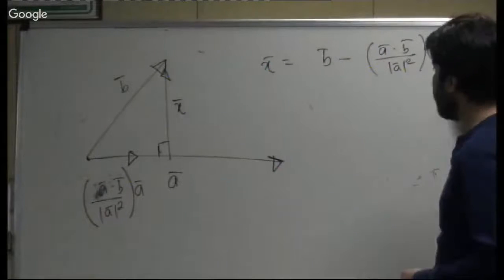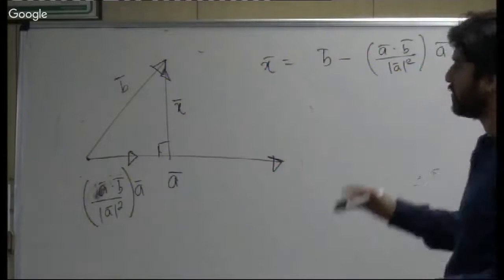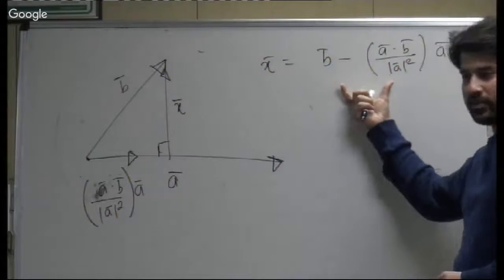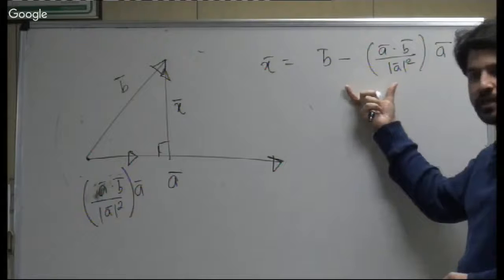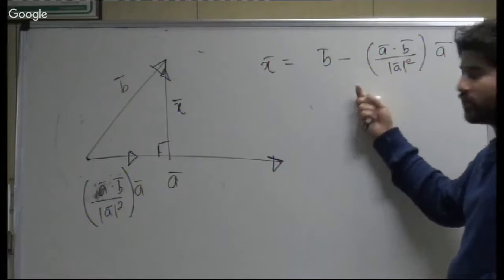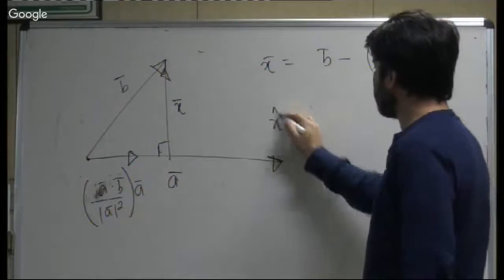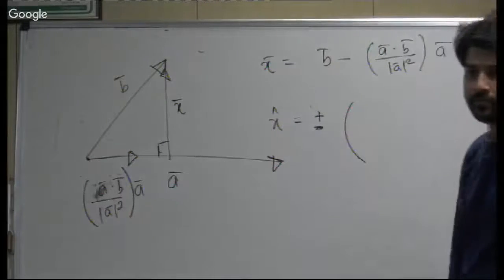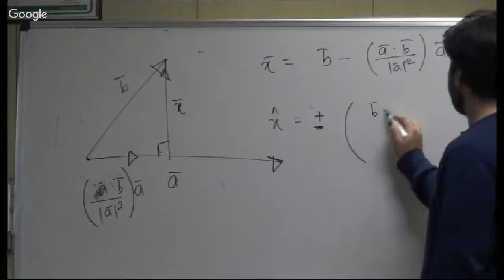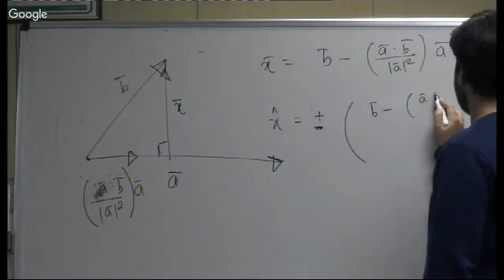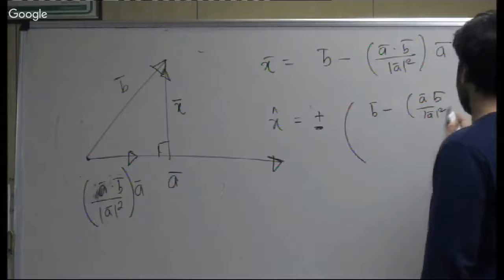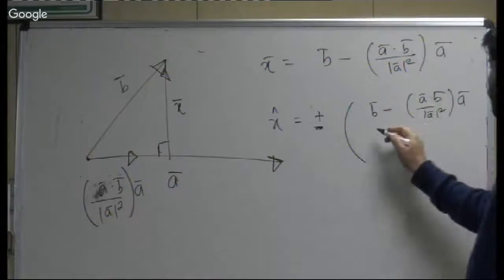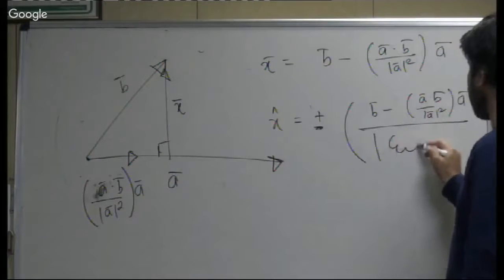The final vector which I have to find as an answer, its magnitude should be 6. We can find its magnitude. So x cap is going to be plus minus b minus a dot b upon mod a square a, of course it will all simplify if you put the values, upon mod of this.